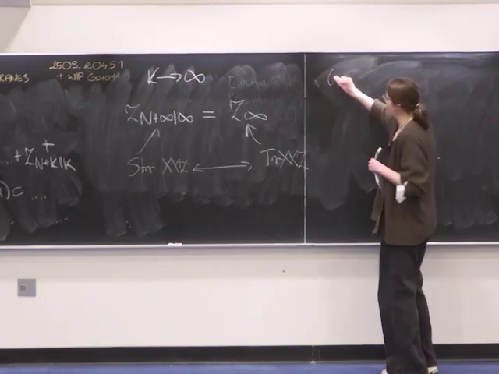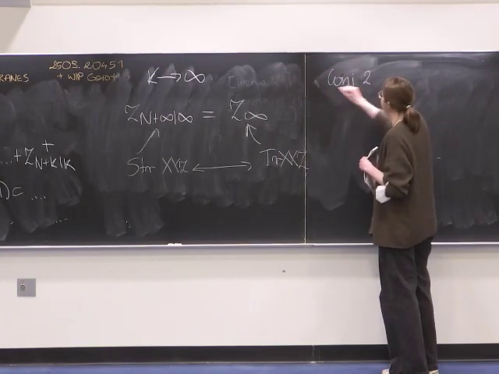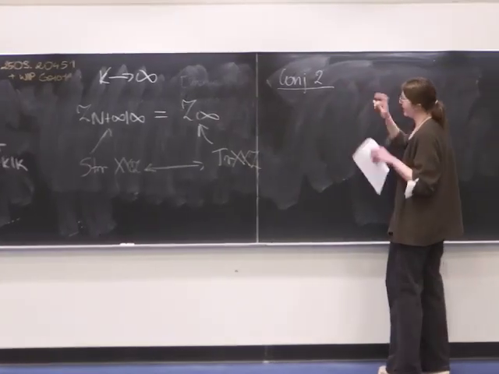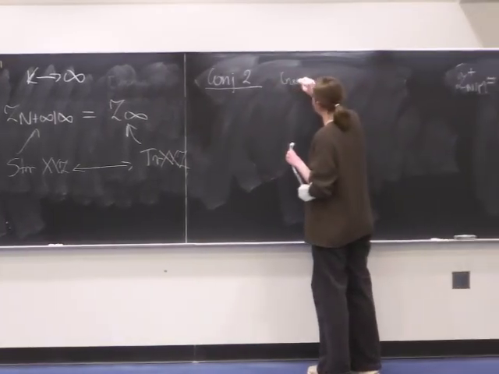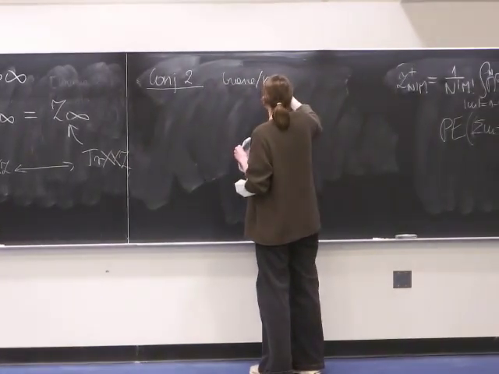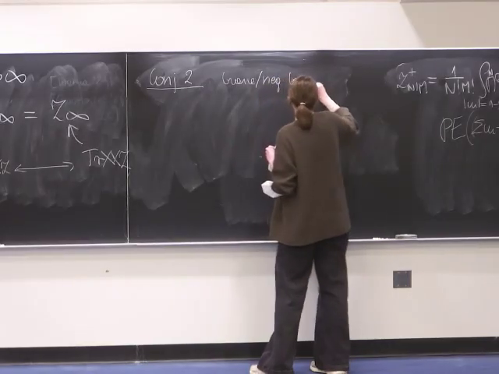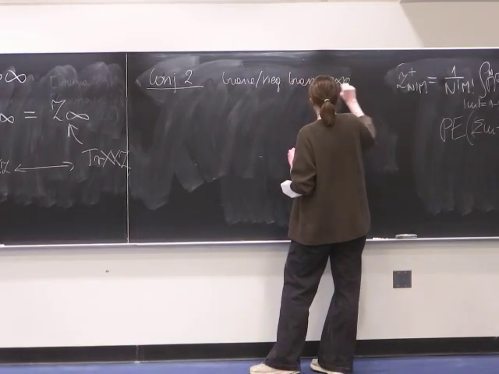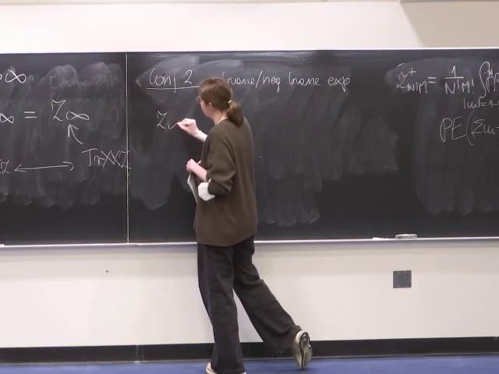Okay, so the second conjecture is that there is a negative brane expansion. It looks like this.